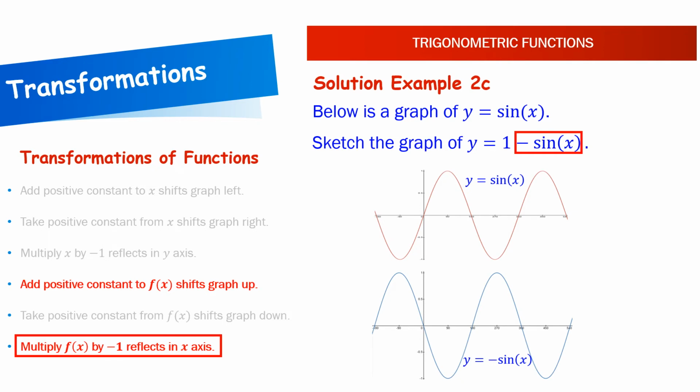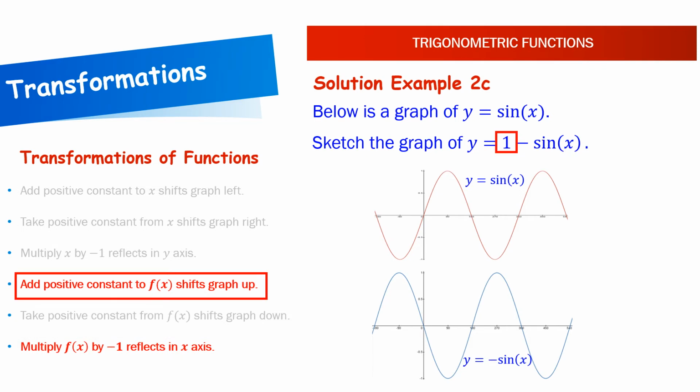So in this graph, we've multiplied by minus 1, so that's reflected in the x-axis. And then when we add the positive constant 1 to the function y equals minus sine x, it will shift the graph upwards.